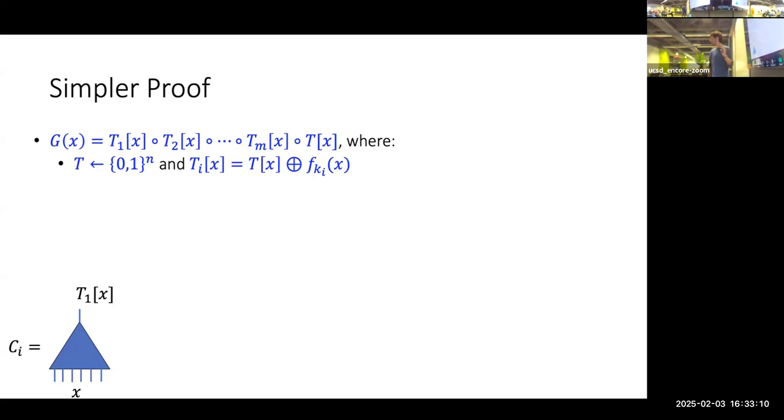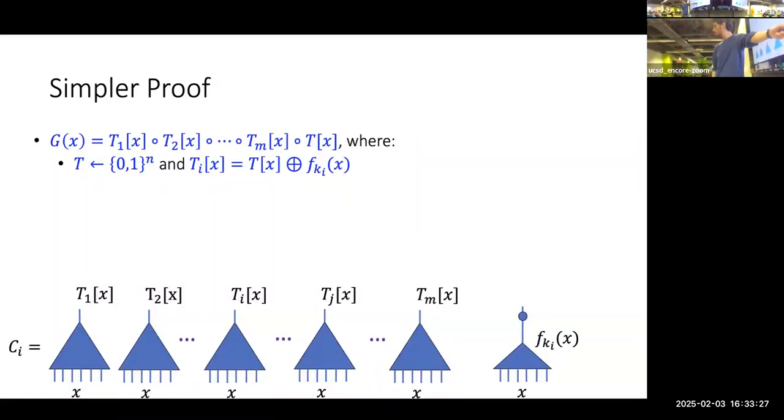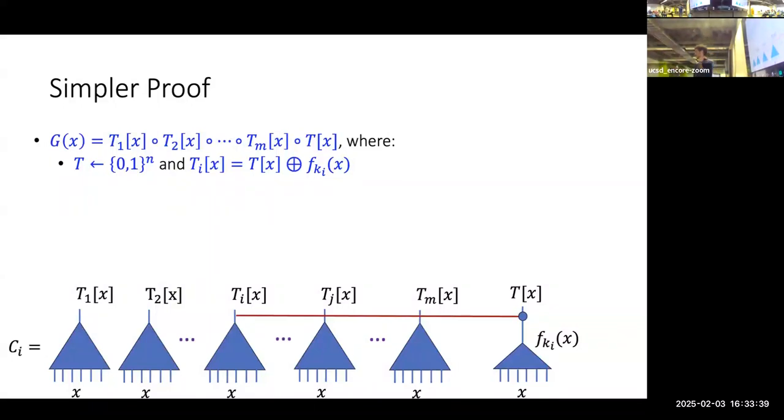I'm not doing anything smart, and I do it for each one of the m functions. Then for the last function T, instead of constructing a circuit that computes T, I can just construct a circuit that computes f of ki, and I know there is a small circuit that computes it because this is a pseudo-random function, and then compute the XOR between the output of Ti and the output of f. And this gives us the output. So this is the construction of Ti.